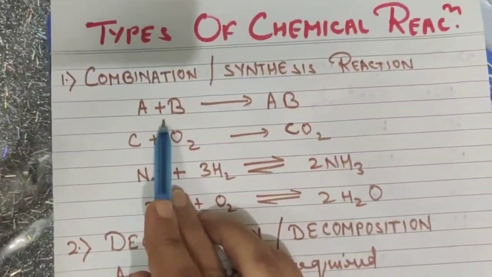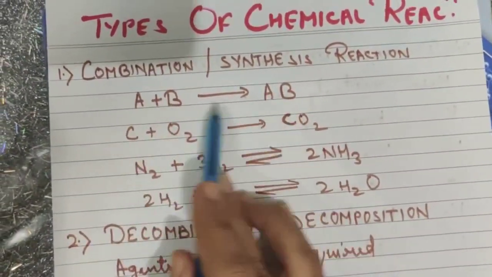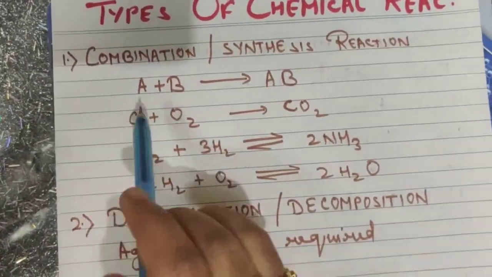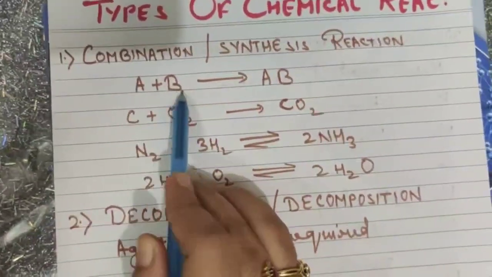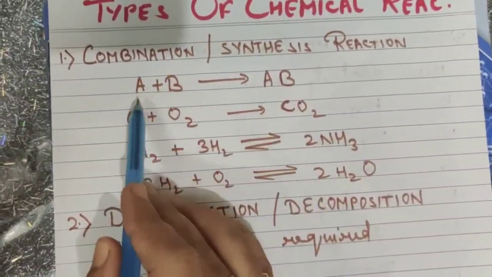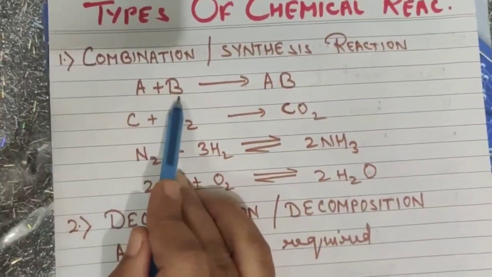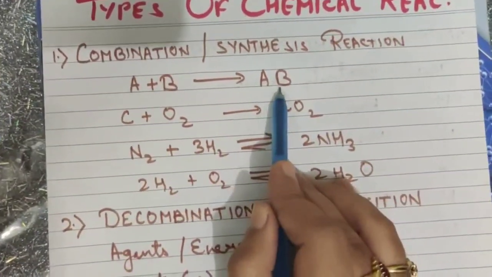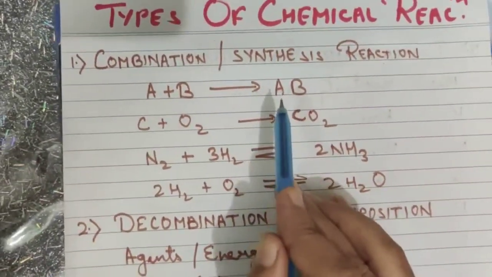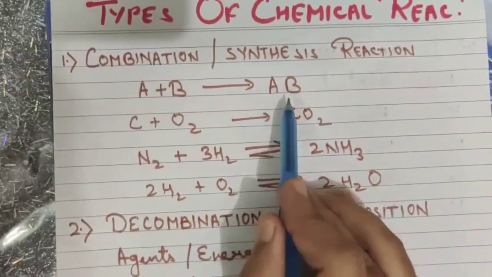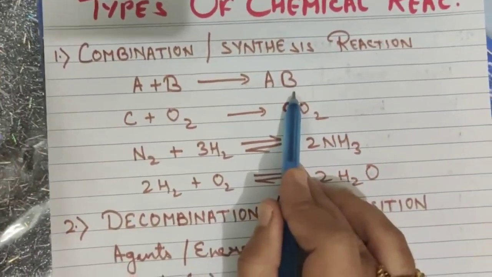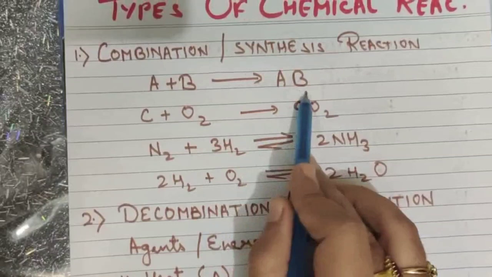As you can see from the general equation written here, A plus B combines to produce AB. Two reactants are combining together to produce a single product. In this type of reaction, you will always find that the product formed is single.